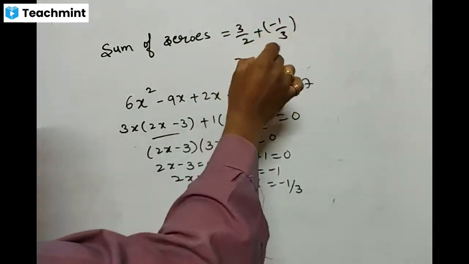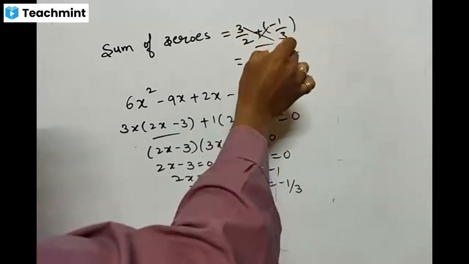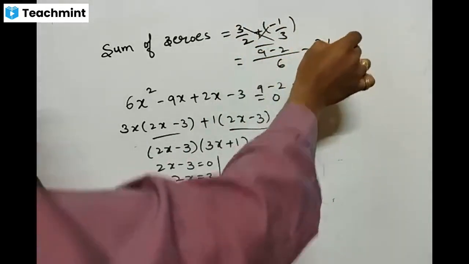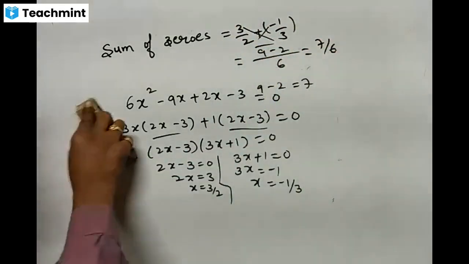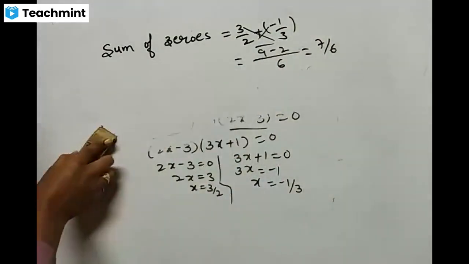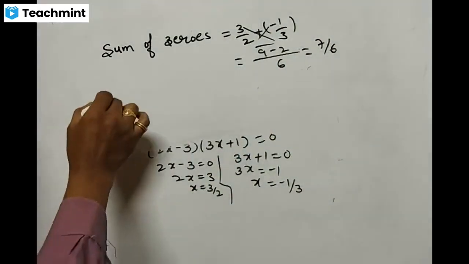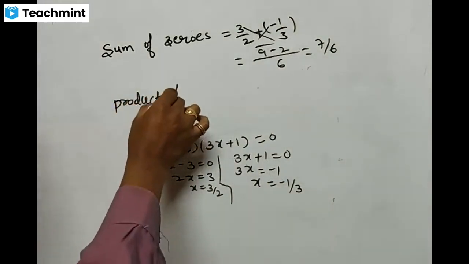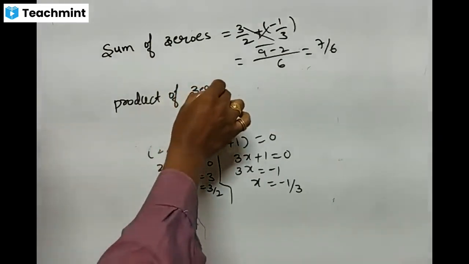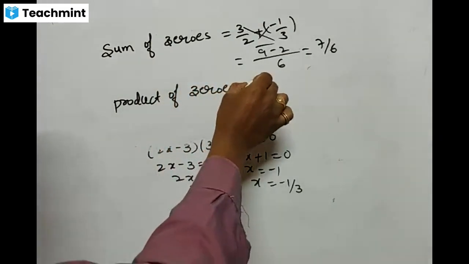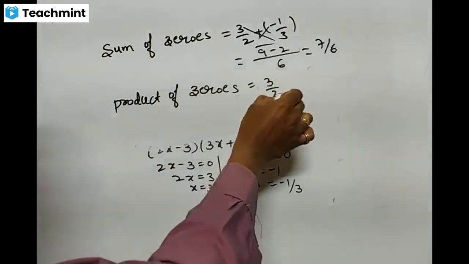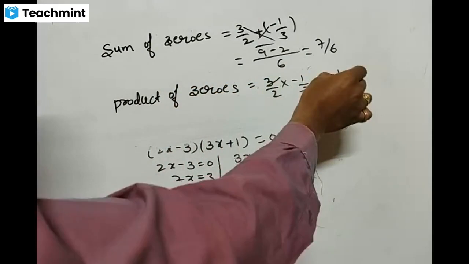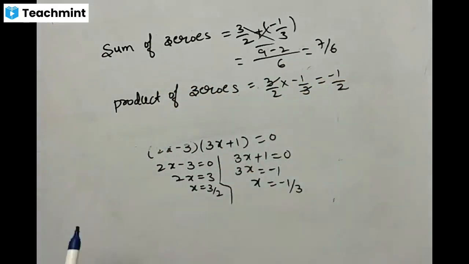Checking: x by 2 into minus 1 by 3, minus 7 by 6, then 3 times 1 by 2. Product is minus 1 by 2. Yes, sir.